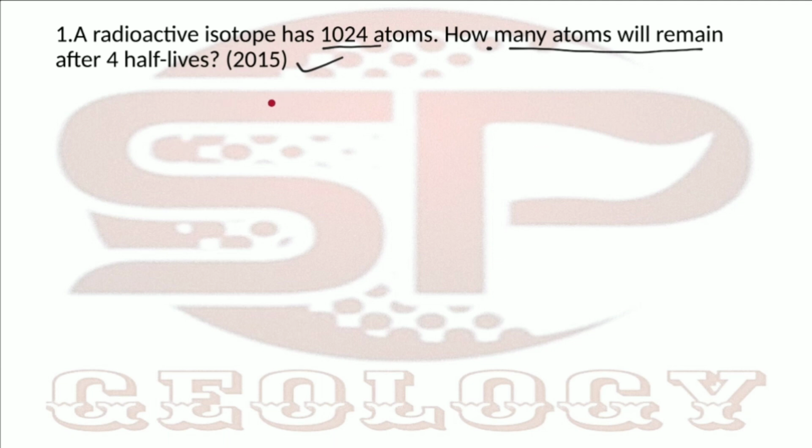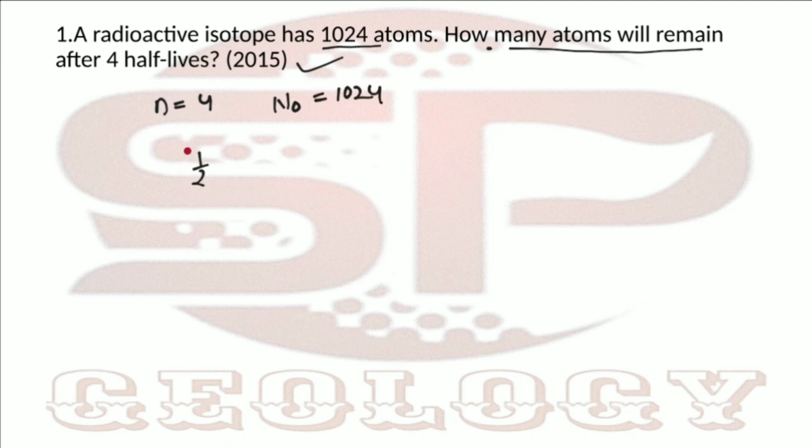After 4 half-lives, that means you have been given n equal to 4. Number of half-lives is 4. It has this many atoms, that means n0 is given, 1024.